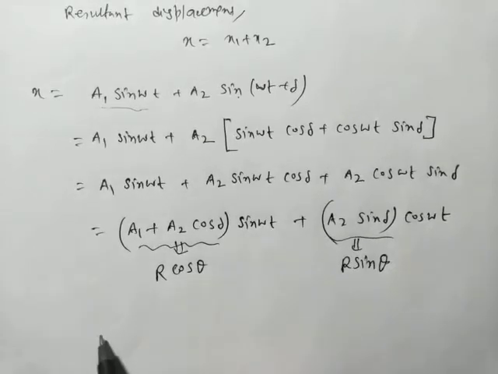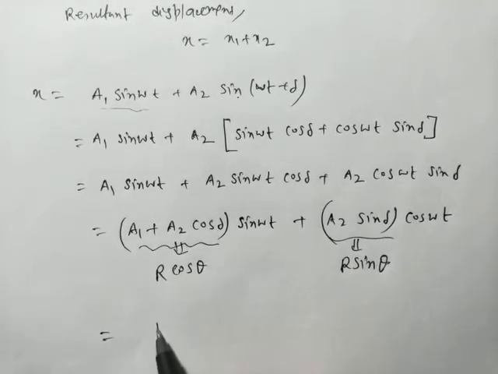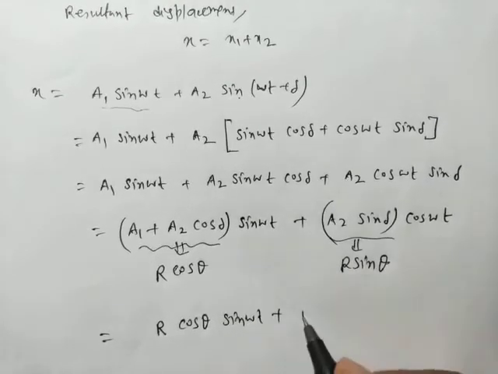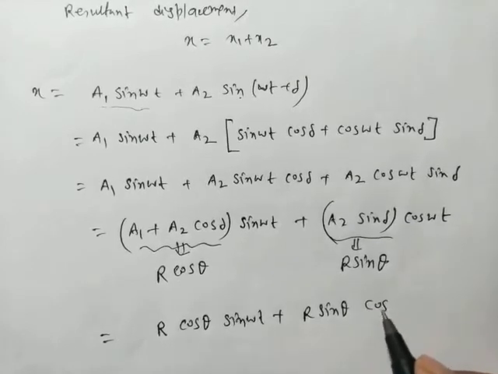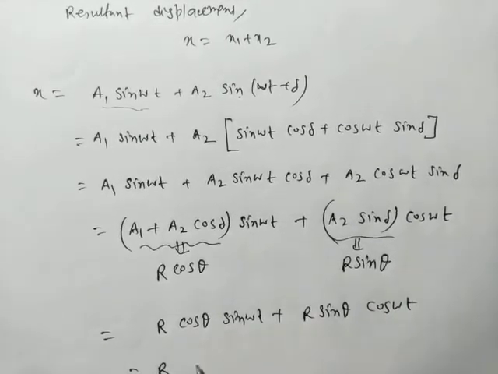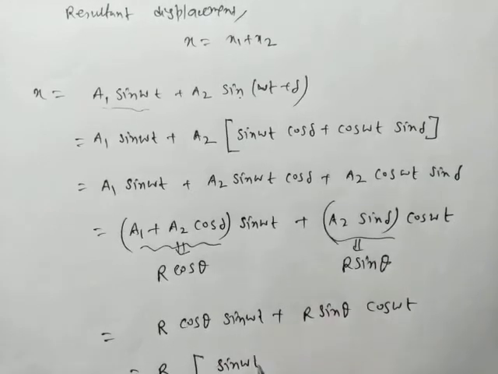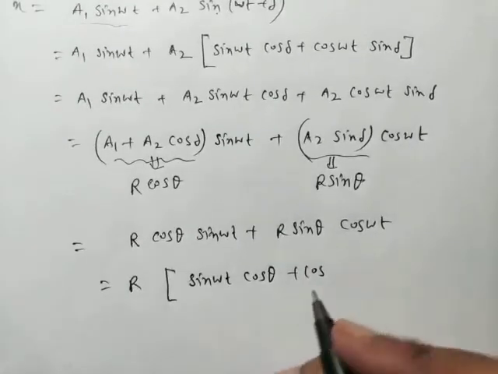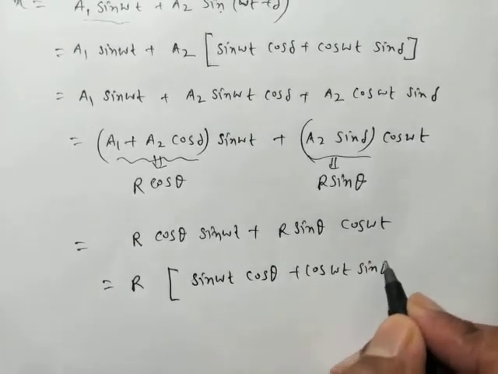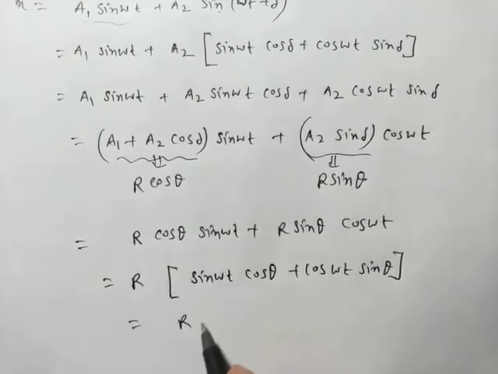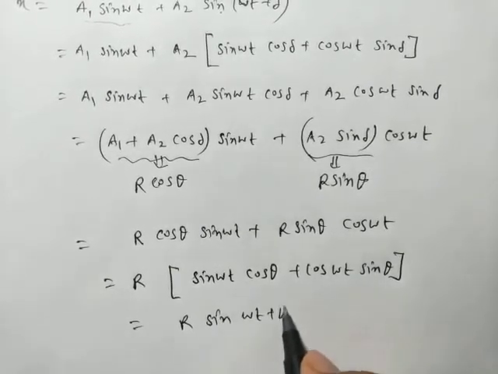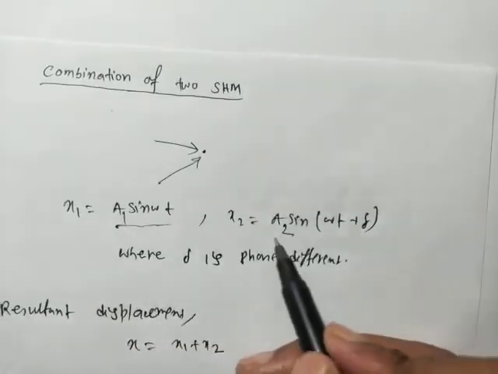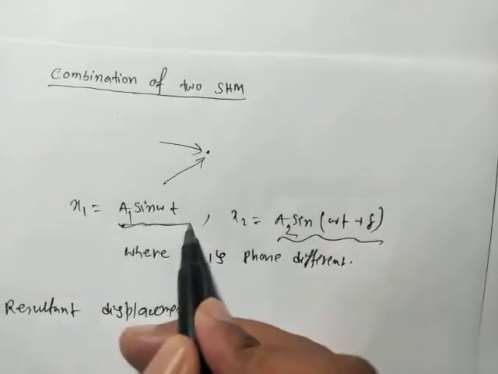Then it will be r cos theta sin omega t plus r sin theta cos omega t, which is like sin a cos b plus cos a sin b. So it will be r sin(omega t plus theta). Now this is the same form as we have taken above.